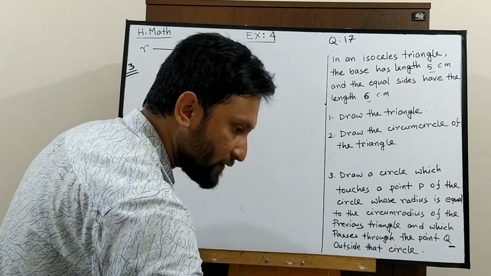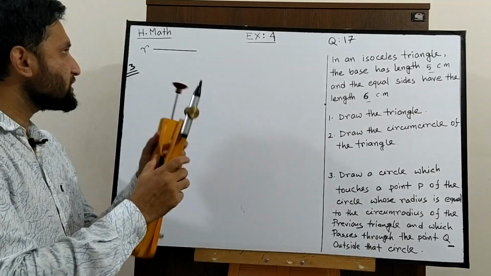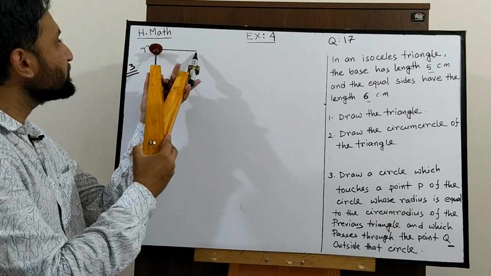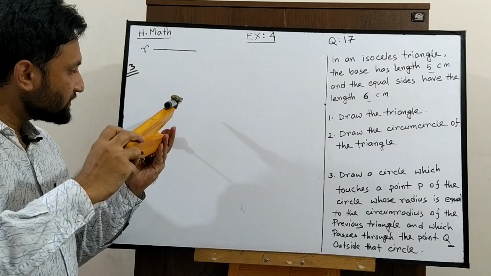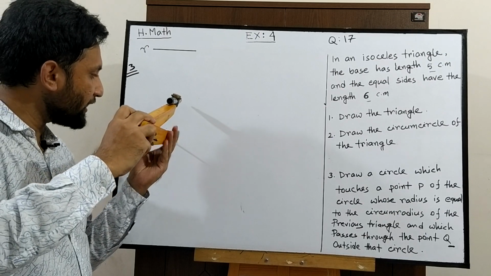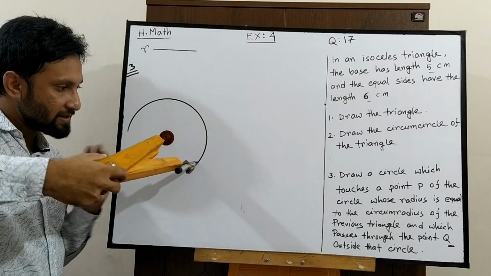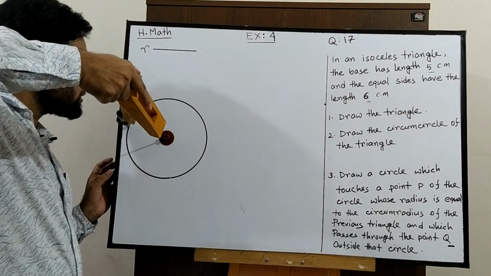Okay, so at first according to the measurement of the compass, draw the circle equal to the previous radius, that means the circumcircle radius, and set here and draw the circle. This is the circle from before.